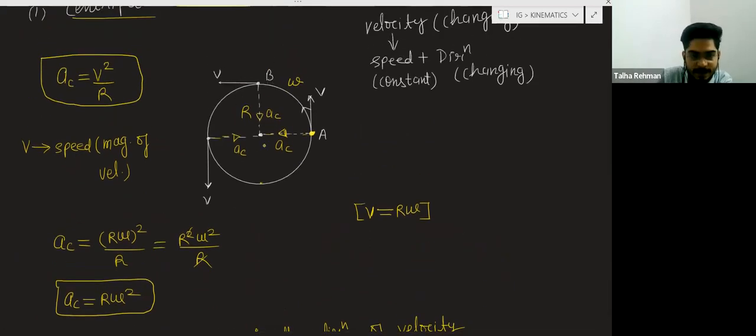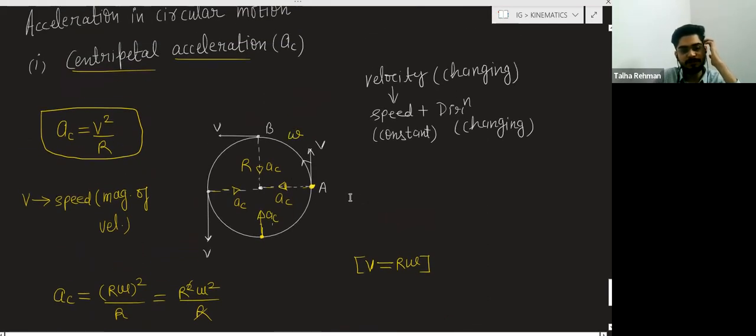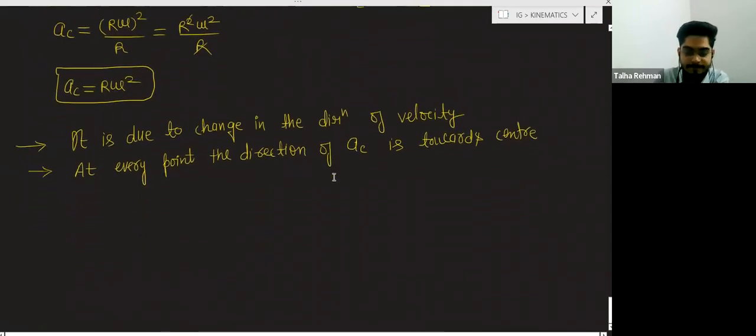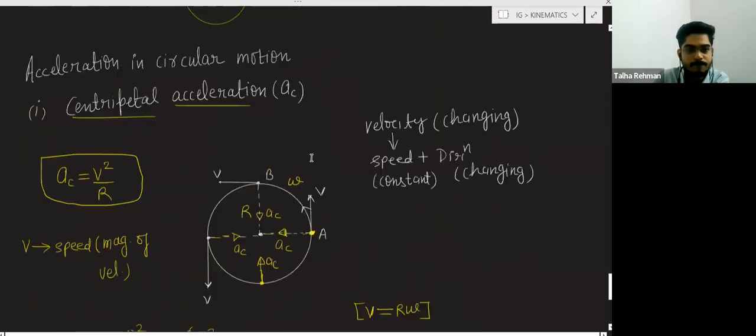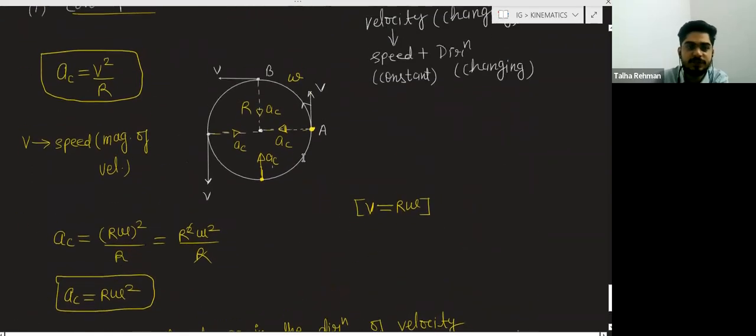Suppose here at this point also, the direction of the acceleration will be toward the center. So this is the centripetal acceleration.